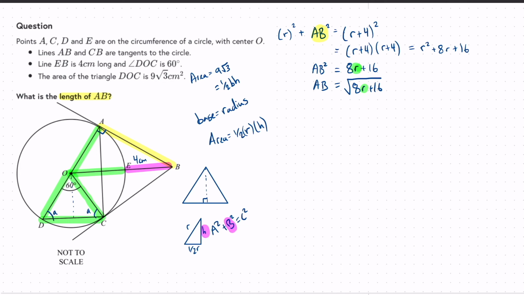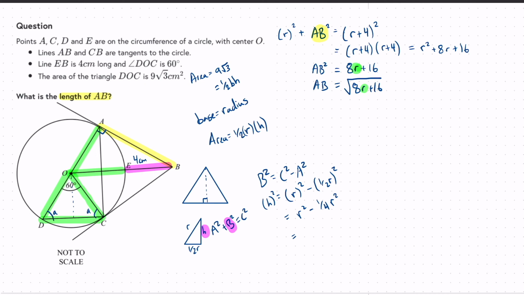So let's get b by itself to begin with, so b squared is equal to c squared, take away a squared. Now let's start substituting in the figures. The height squared is equal to c, which is r squared, minus a, which is half of r squared. So r squared minus quarter r squared, right?